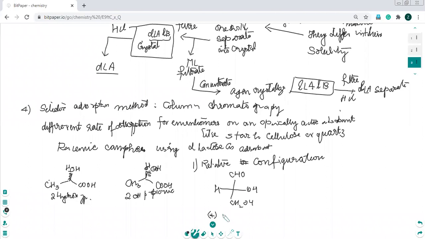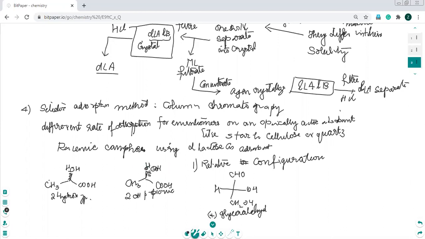So plus glyceraldehyde. You have done it by experimental method. You have taken the naturally occurring glyceraldehyde into the laboratory and found the optical activity.